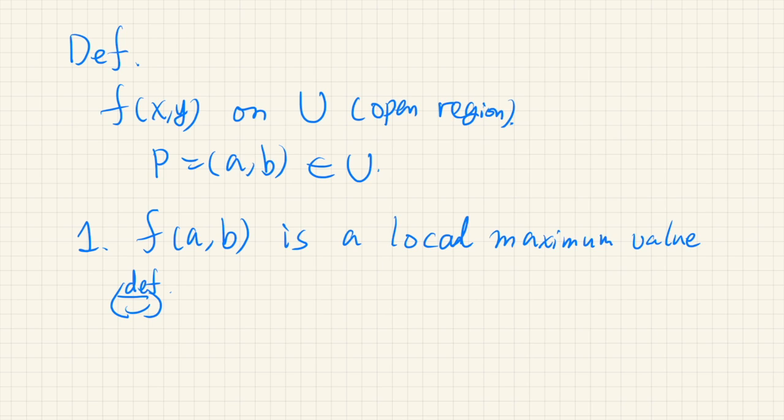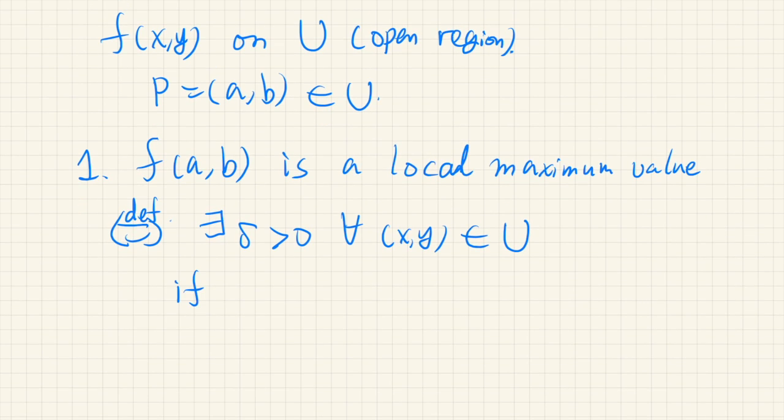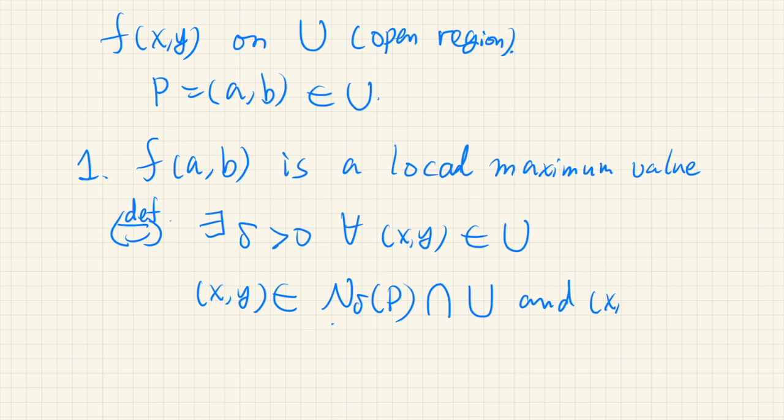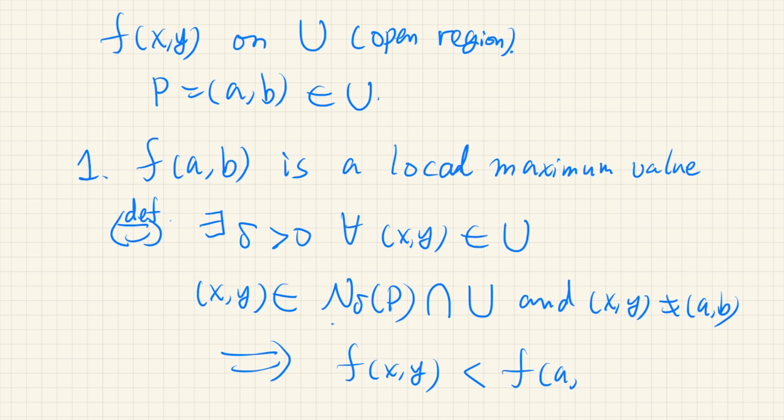That is, if there is a delta that is positive, such that for all x y in the open region U, if x and y is in the delta neighbor of P, actually we require that to be the intersection between the delta neighbor of P and U, and x y is not equal to a b, then the value of f of x y is less than f of a b.